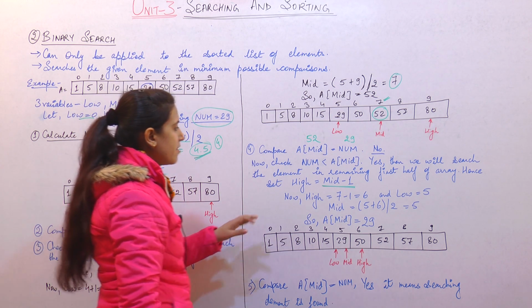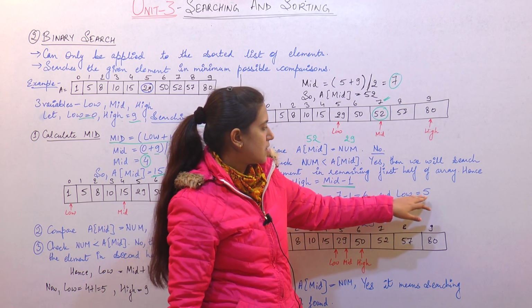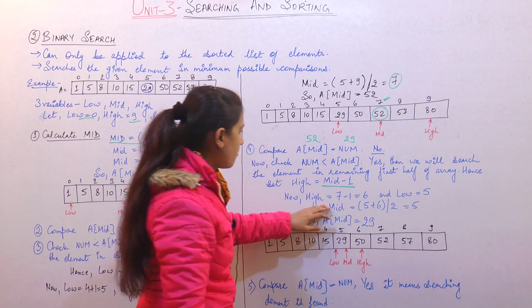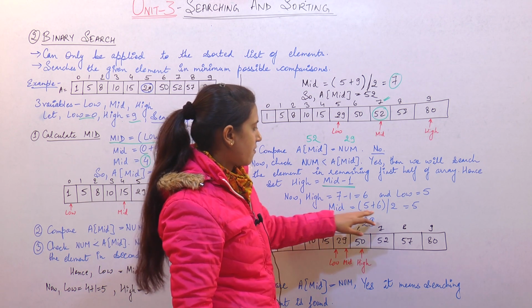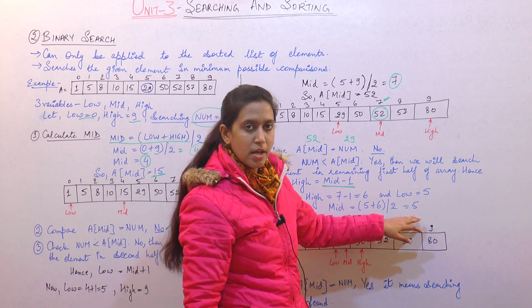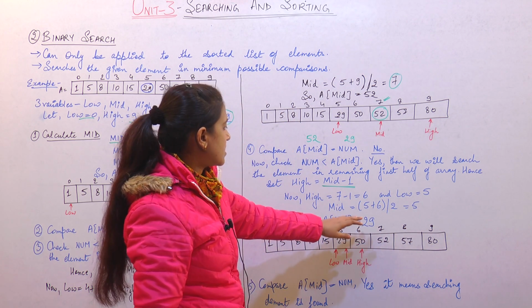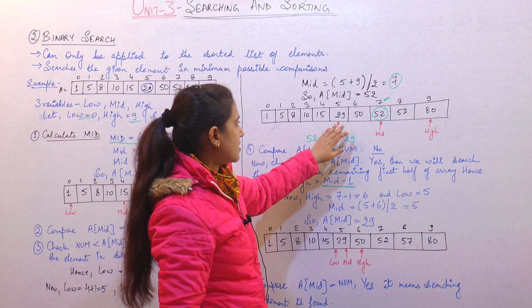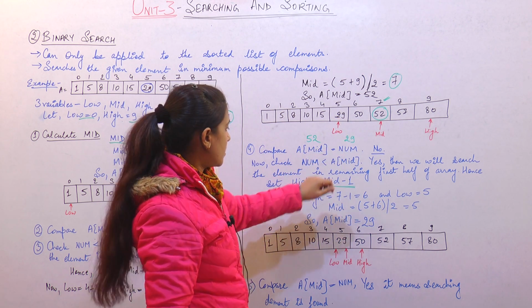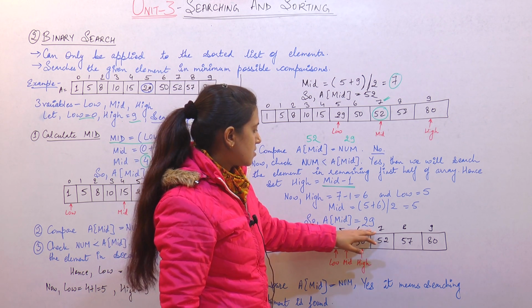The low value remains unchanged at 5. Now we calculate the next mid: 5 plus 6 divided by 2 gives 5. The element located at location 5 is 29.